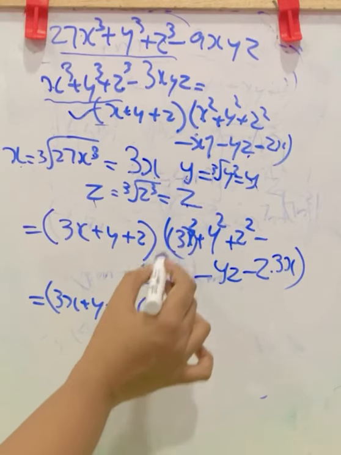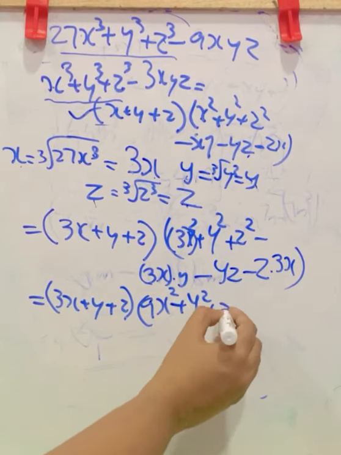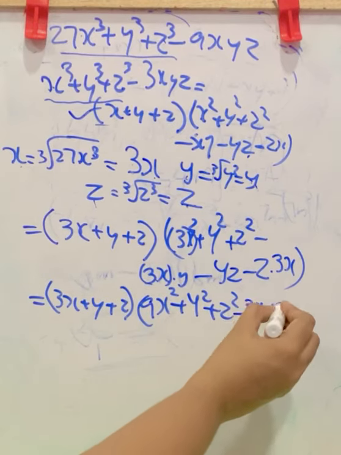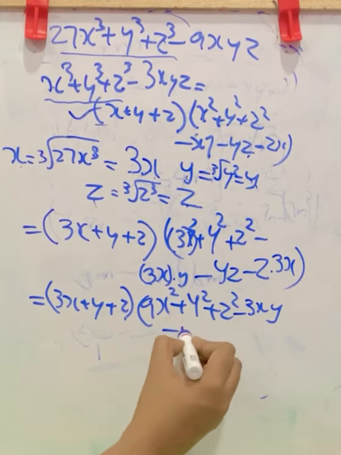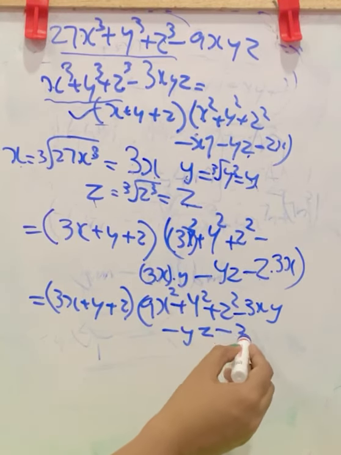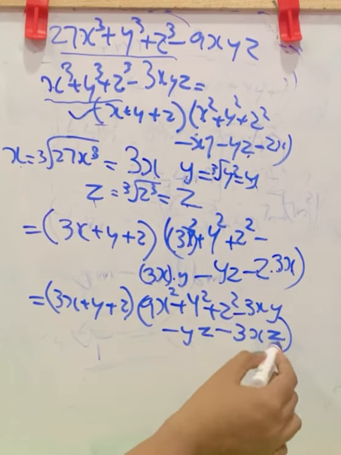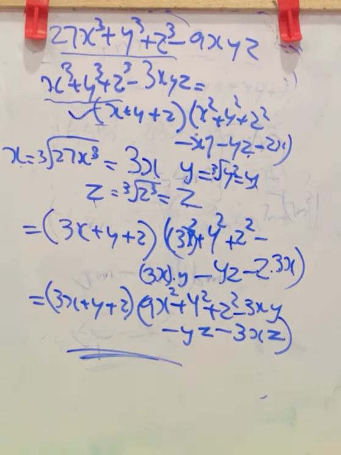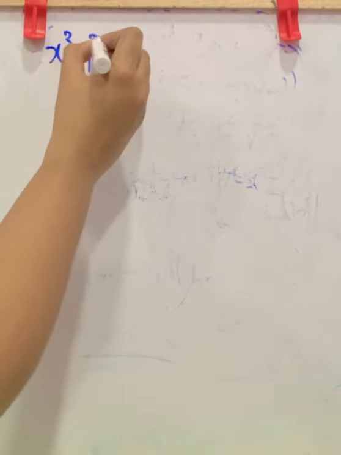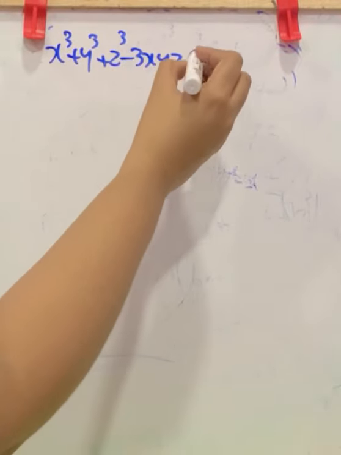This becomes 3x whole square is 9x square plus y square plus z square. Now minus 3x into y is minus 3xy, minus y into z is minus yz, minus z into 3x is minus 3xz. Close the bracket. This is the factorization.